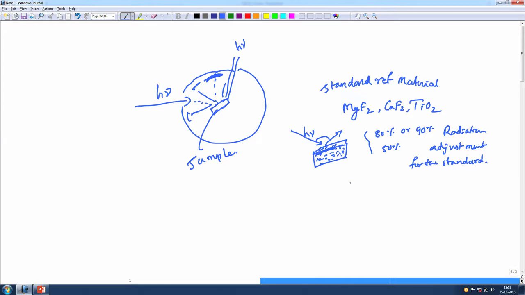This is done by opening the slit. If I open more, it will be adjusting to around 90%. If I open less, it will be adjusting to around 80%, something like that. And once this standard is set, all other materials can be tested according to the preset standards. So, this is the normal mechanism.